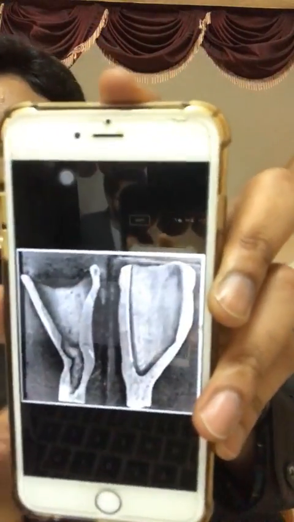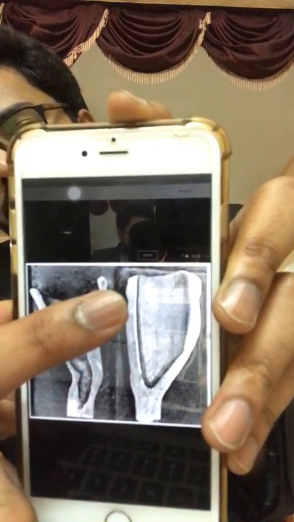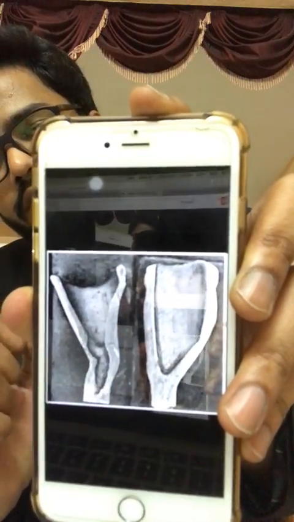So 1224C, right? I've shown you the picture previously also. Small irregular voids. In the same image you can have small irregular voids, microporosities, right?